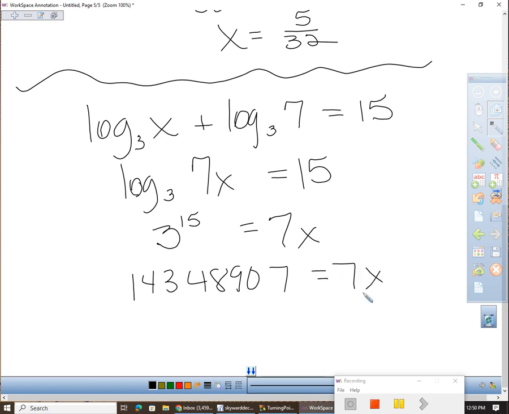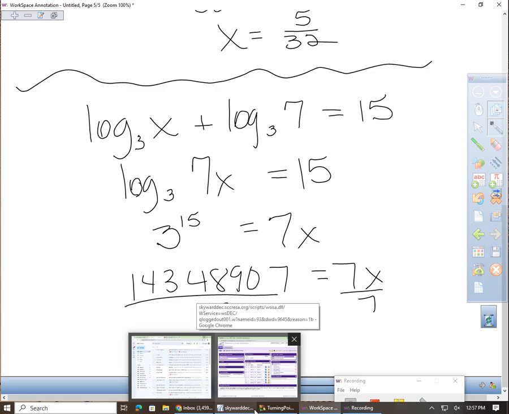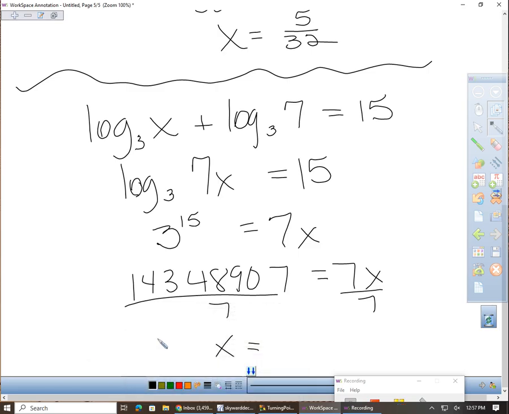And now what do we do? Divide by 7. And x equals? Perfect. I agree.